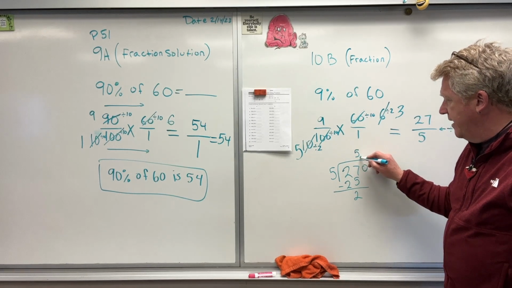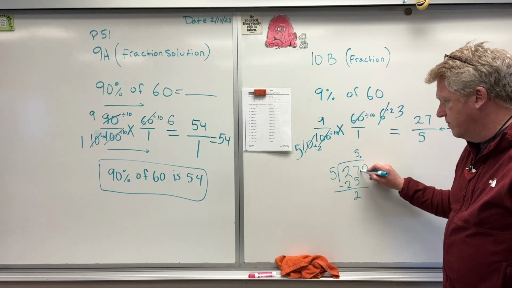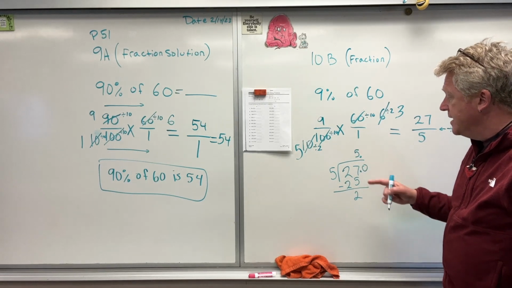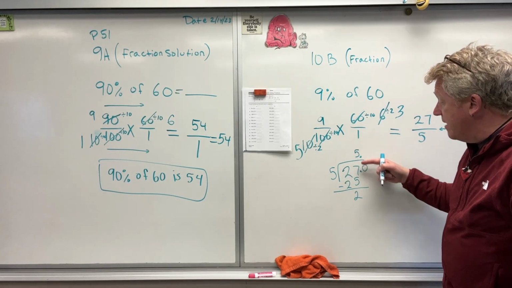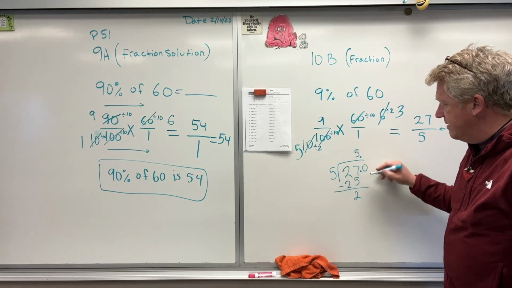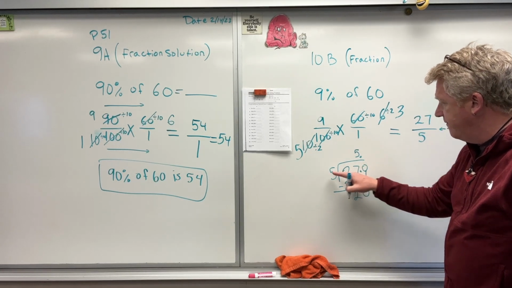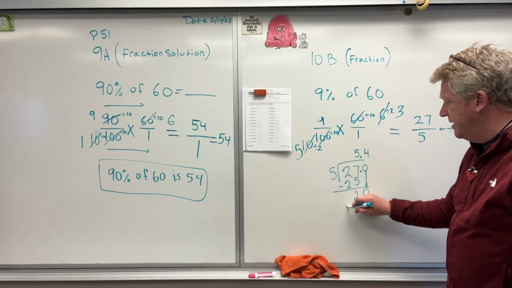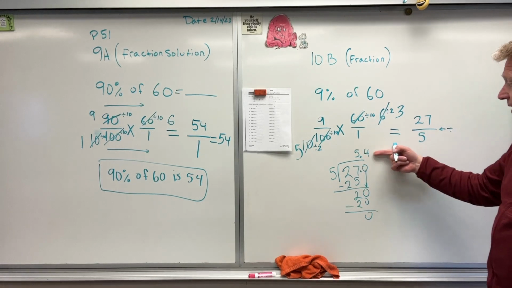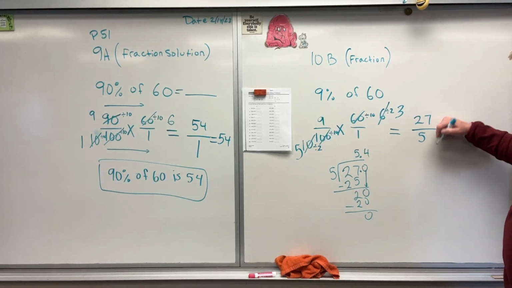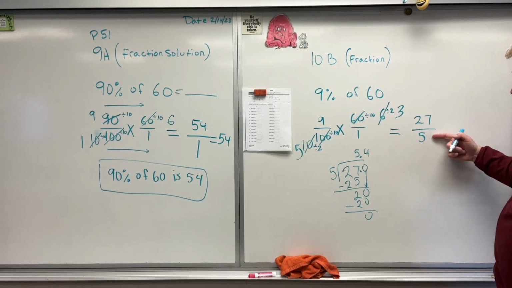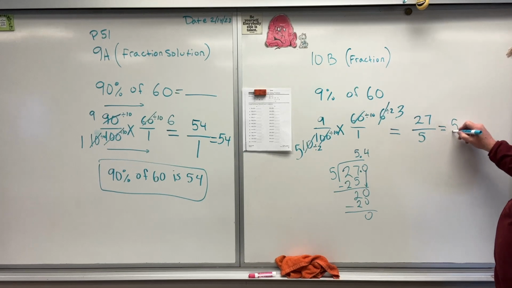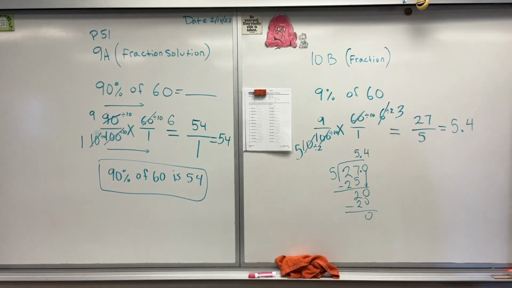So don't forget that you gotta keep division in practice. So I have nothing to bring down, so I added my decimals, I added my 0, bring it down. 5 goes into 20 4 times. 4 times 5 is 20. Subtract, and I'm done. 5 and 4/10. So 27/5 equals 5 and 4/10. All right.